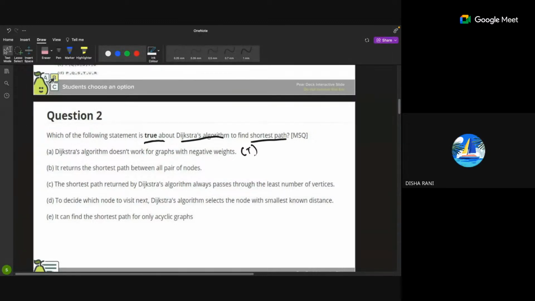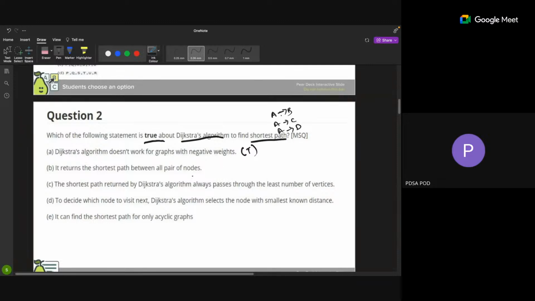Now, it returns the shortest path between all pairs? Definitely no. So please understand, all pairs, in each pair, for example, A to B, A to C, A to D, something like this. This is called single source, always shortest like that.